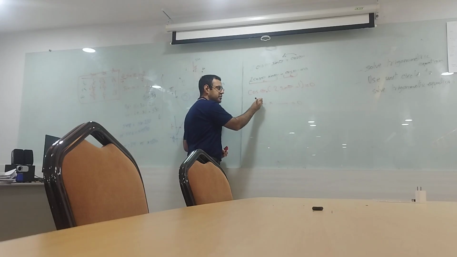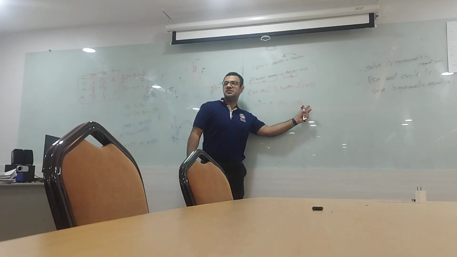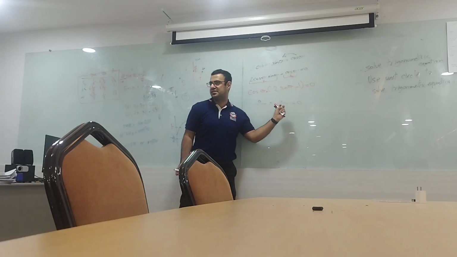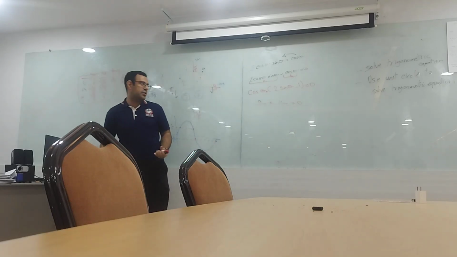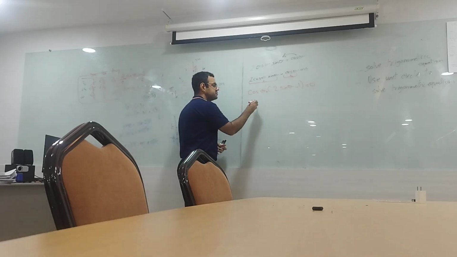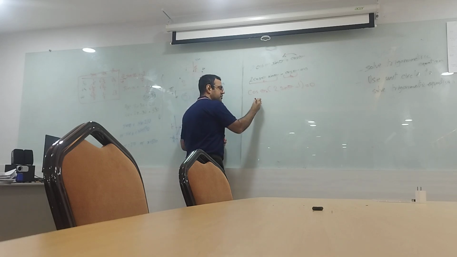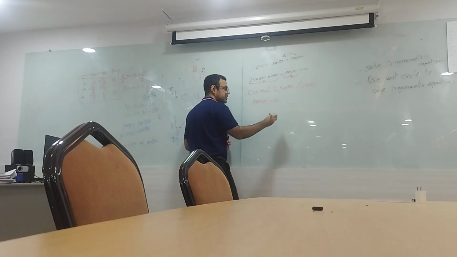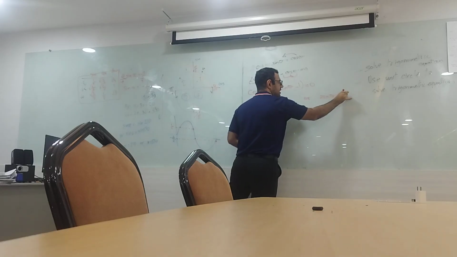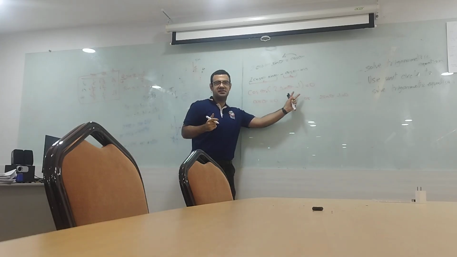So maybe the first one is 0 or the second one is 0. So it's either cosine theta equals 0 or 2 sine theta minus 1 equals 0. One of them should be 0.